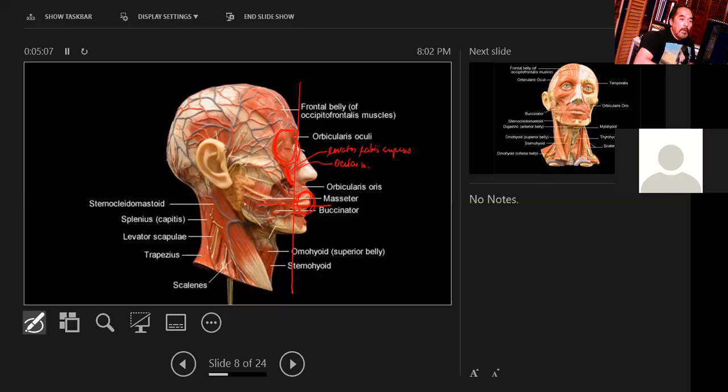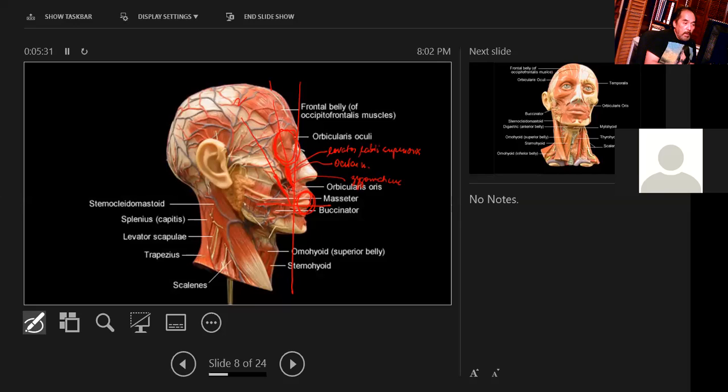Then this one goes to the zygomatic. Remember, this is my 1 o'clock. This is my 2 o'clock. So that's going to be the zygomaticus. I just say zygomaticus because I couldn't see the two different sizes.